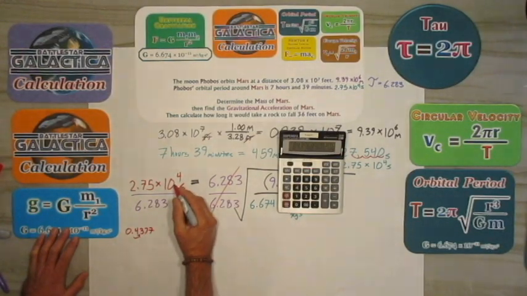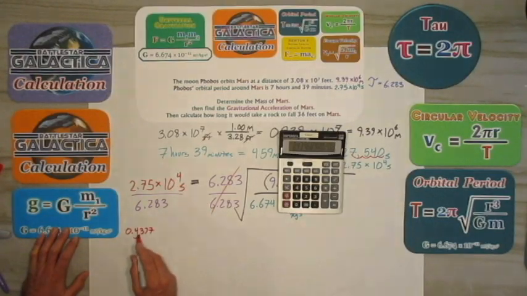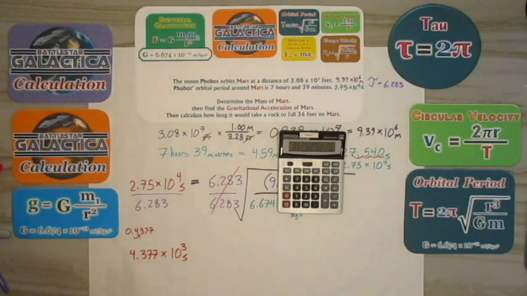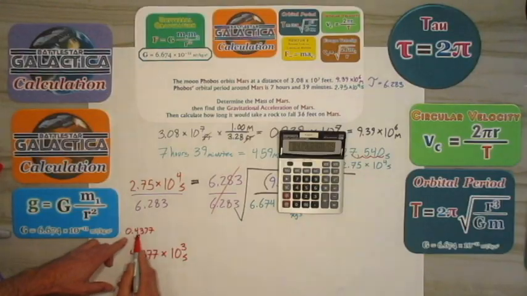Then it's 10 to the 4th, but if I move the decimal back 1, it would be 10 to the 3rd. So I'm going to write 4.37, I'll just keep these 7s for now, times 10 to the 3rd seconds. Do you see what I did there? I moved the decimal back 1 and corrected the exponent.